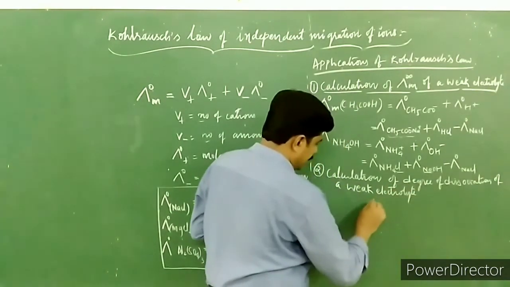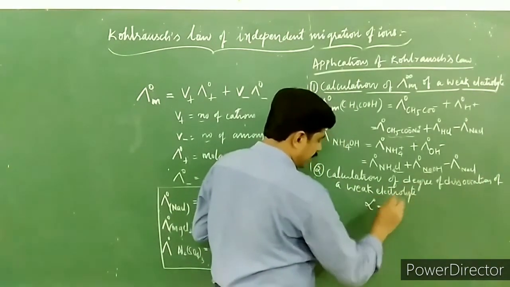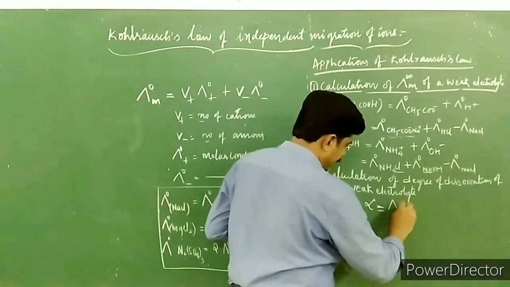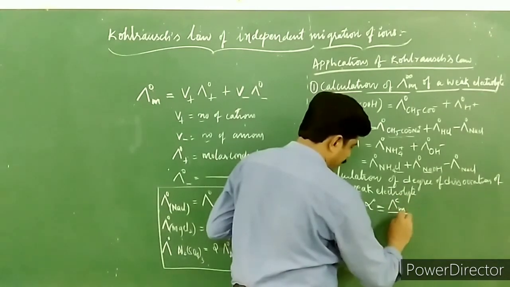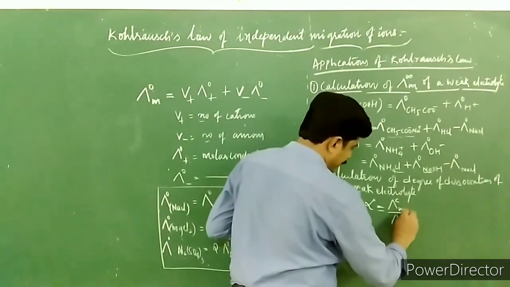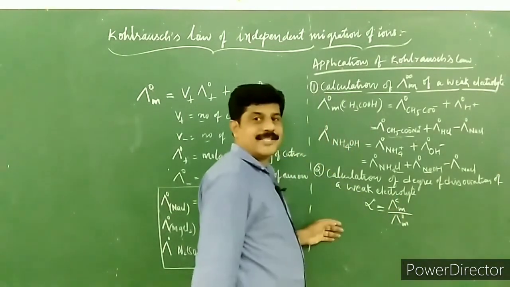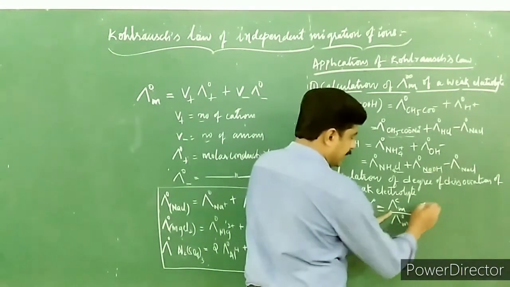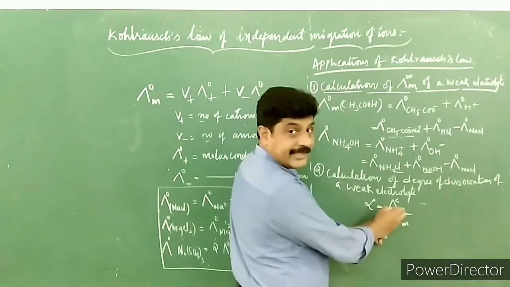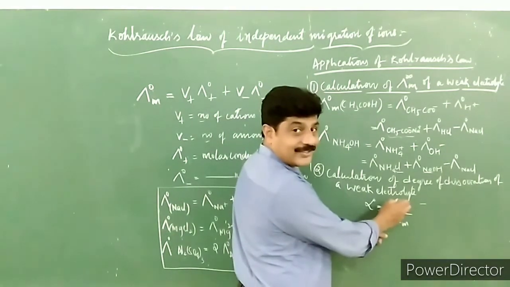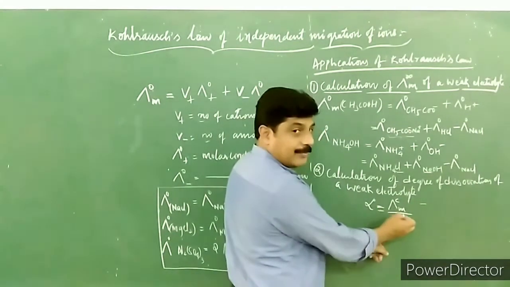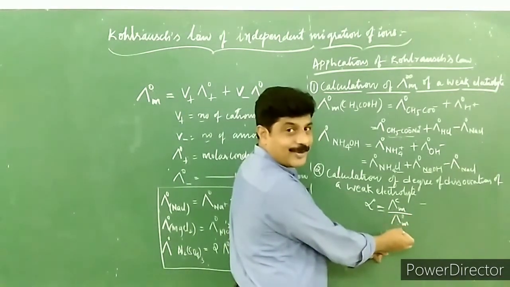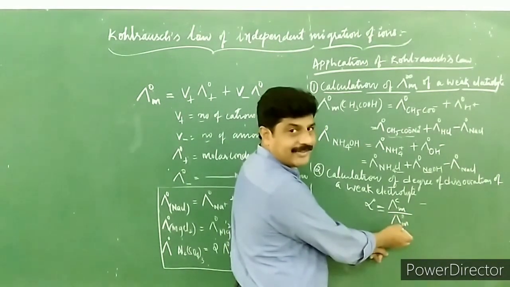Degree of dissociation alpha is equal to lambda m c upon lambda m infinite or naught. What is this lambda m c? Nothing but molar conductivity at a given concentration, whereas lambda m naught is molar conductivity at zero concentration. Hope you got it. This is nothing but limiting molar conductivity.